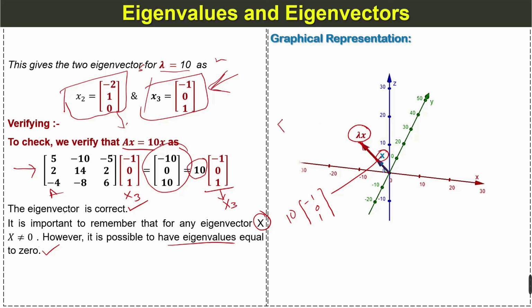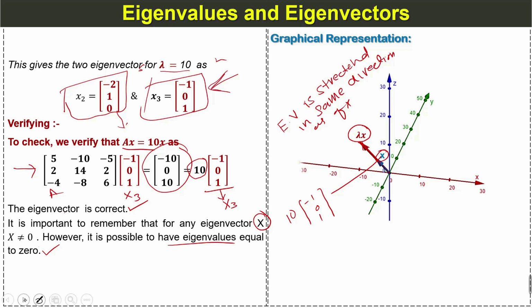So the vector is stretched in the same direction as x. This means that after multiplication with the eigenvalue, the vector x is stretched in the same direction.